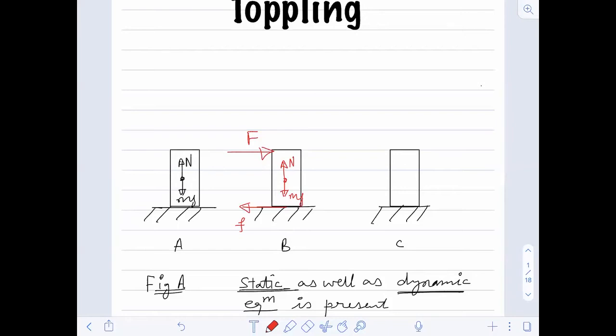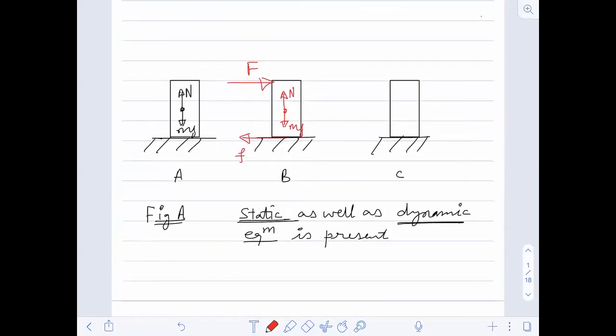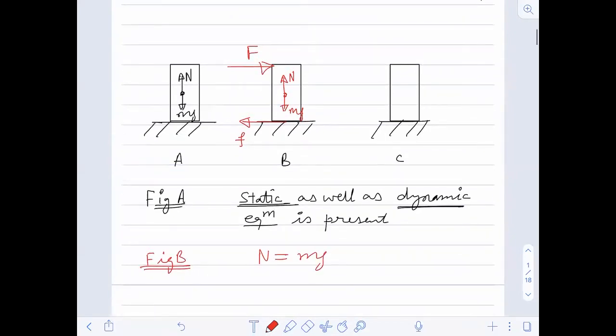Now for figure B, I can say normal will balance mg, and whatever force I'm applying is countered by the frictional force f, correct. So this is all about static equilibrium.